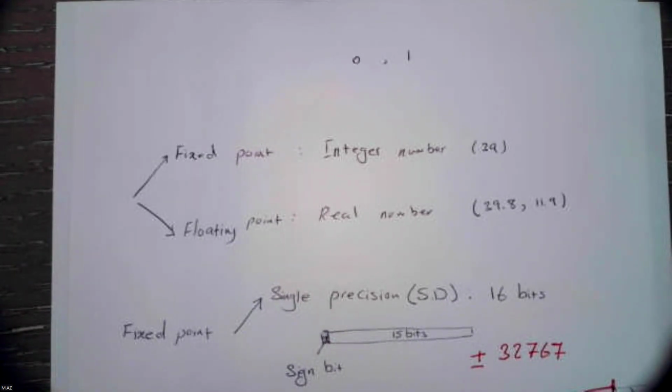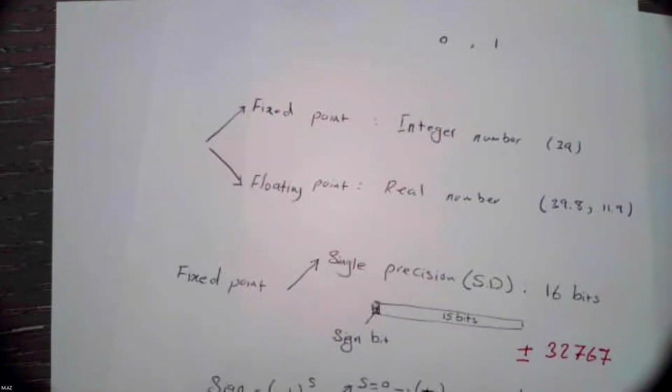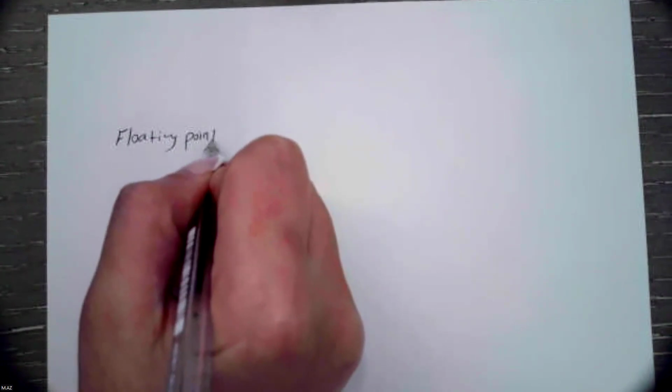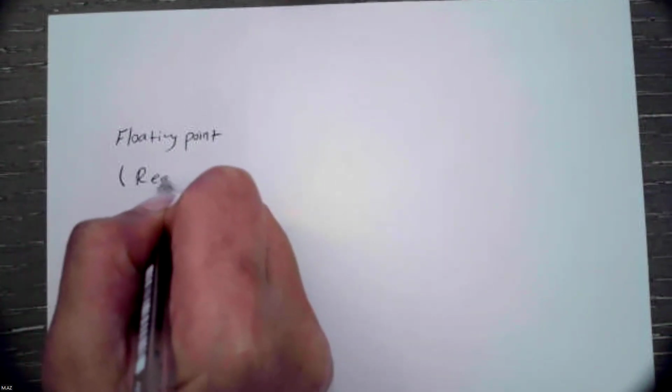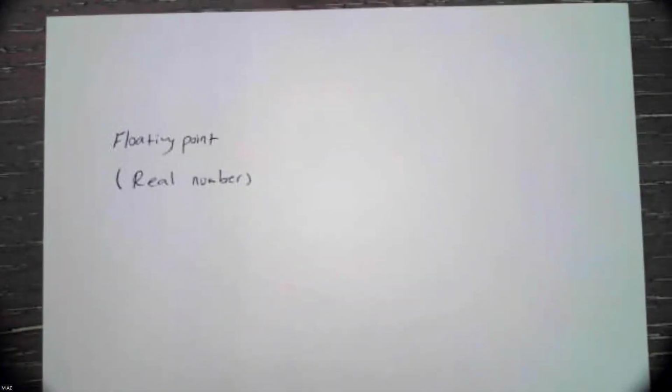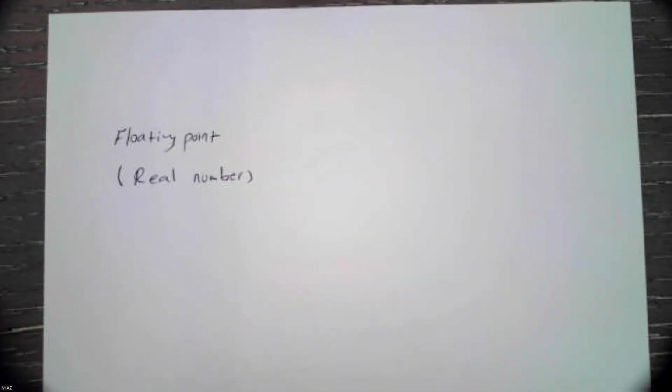For floating point, like the integer numbers, we have single precision and double precision.